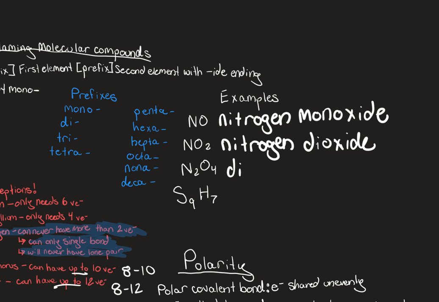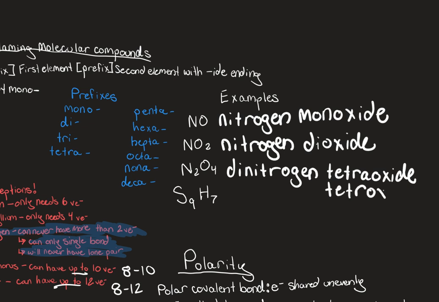So it will be dinitrogen tetraoxide, or tetroxide. It gets a little tricky when you have two vowels right next to each other with prefixes. So you can either write tetraoxide or tetroxide. I am not going to be super picky on it, but you may have chemistry teachers in the future that will be.